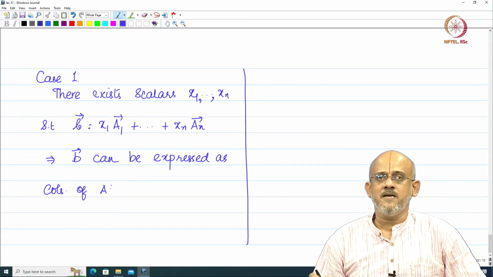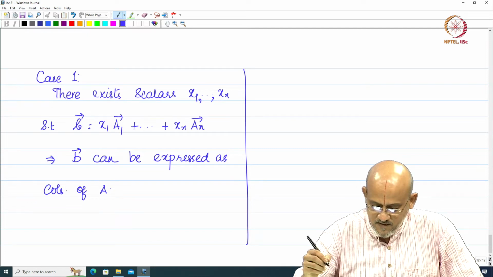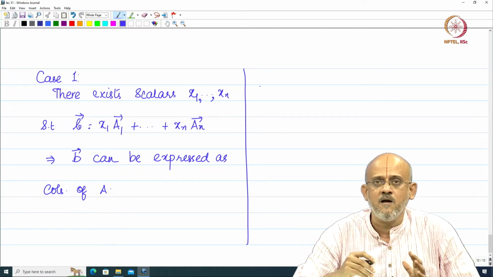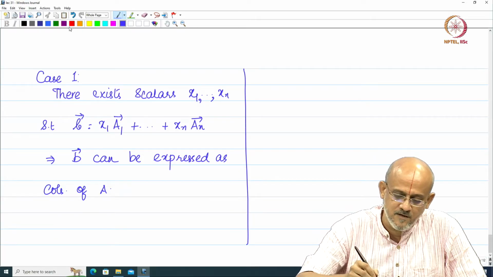The matrix A, right. Now let us ask this question. I want to look at the set of all possible B vectors which can be expressed as linear combinations of the columns of A. So what are we looking at?